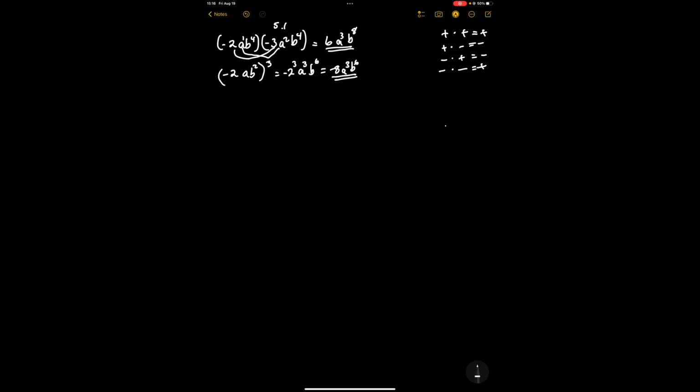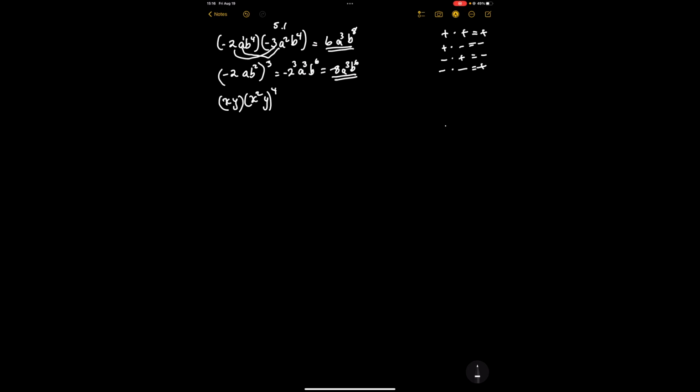Let's look at a different one now. Let's say we have xy times x squared y to the power of 4. Okay, now which rule would that be? If you look at this one, this would not be the multiplication rule.